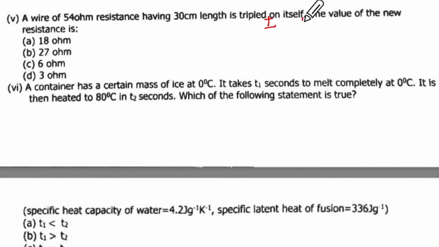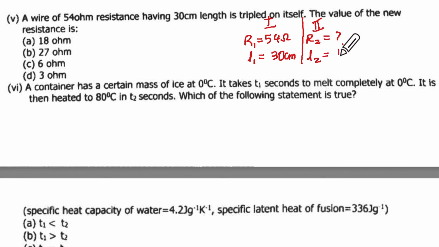The wire of 54 ohm resistance having 30 centimeter length is tripled on itself. So I have told you that if you are not able to do it mentally, you can show your thinking. R1 is 54 ohm, R2 we do not know, the length L1 is 30 centimeter and it is tripled on itself, so L2 becomes 10 centimeter and area of cross section is A. So when you triple on itself, A2 is going to become 3 times, 3A.